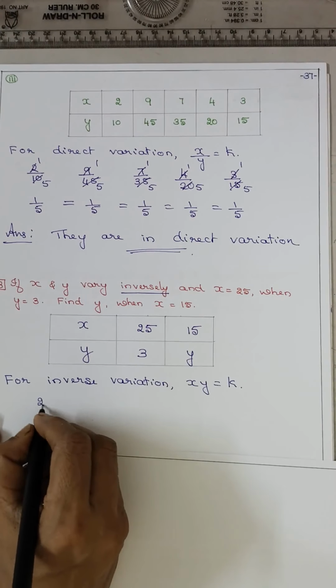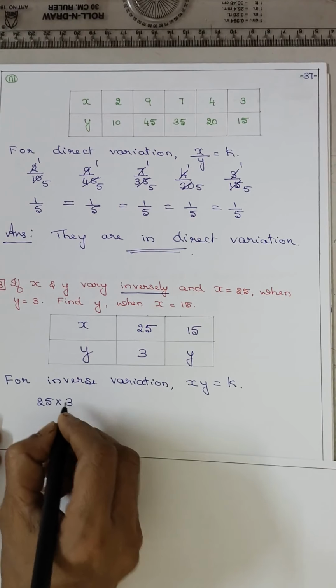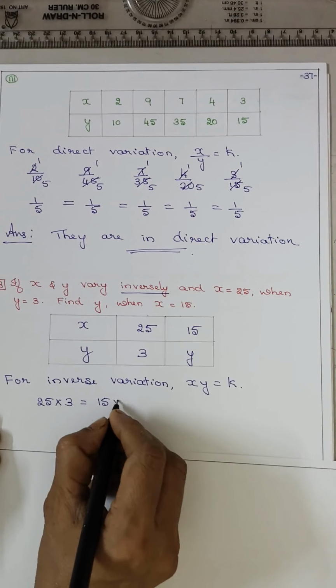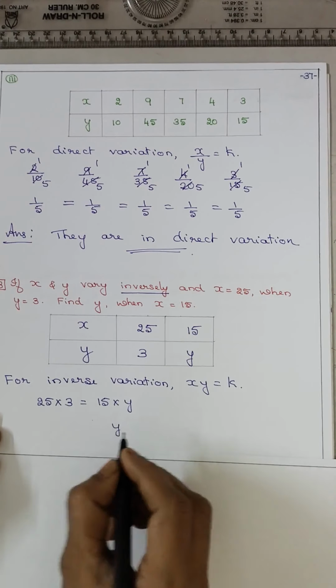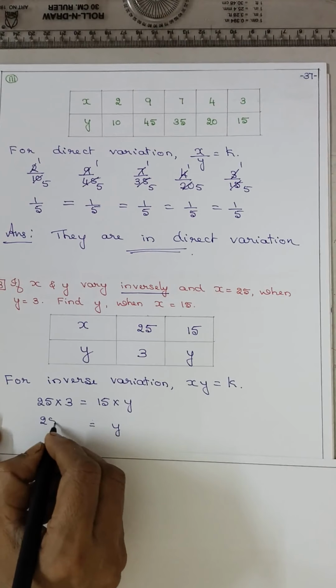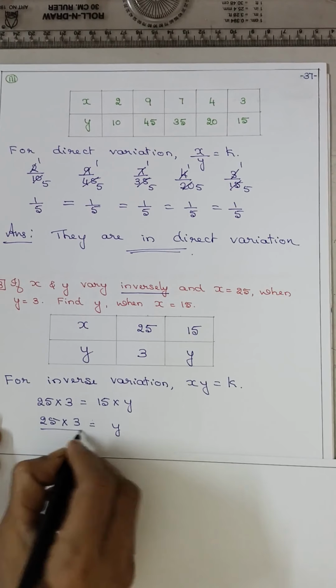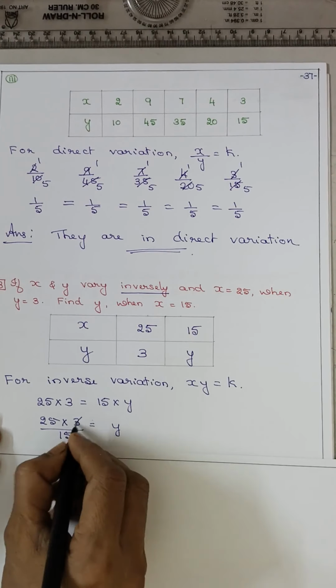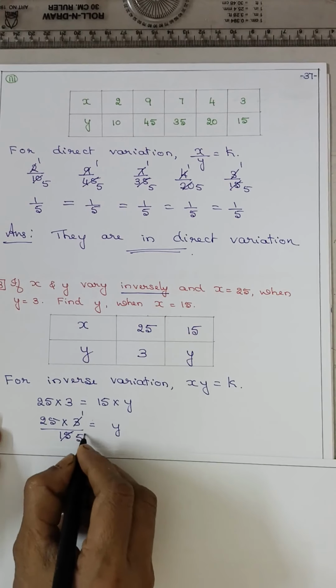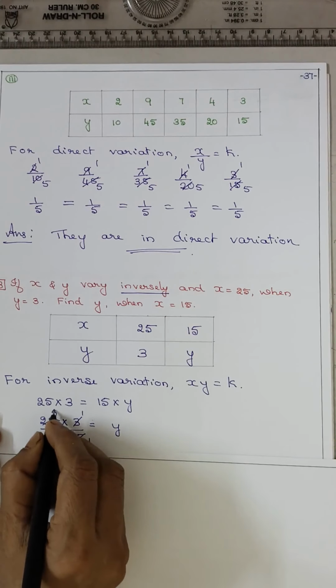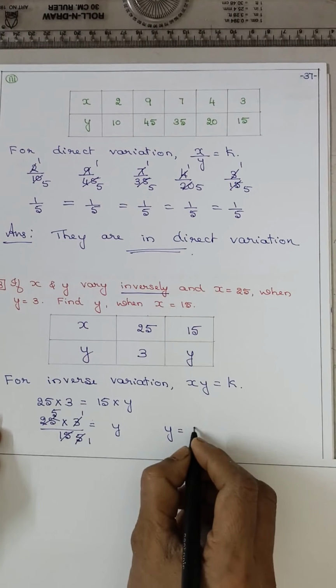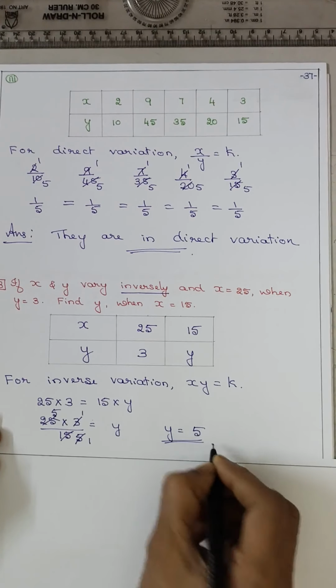Put the values. 25 into 3 is equal to 15 into y. Y is equal to 25 into 3 upon 15. 3 1s are 3, 5s are 5, 1s are 5, 5s are 25. So y is equal to 5.